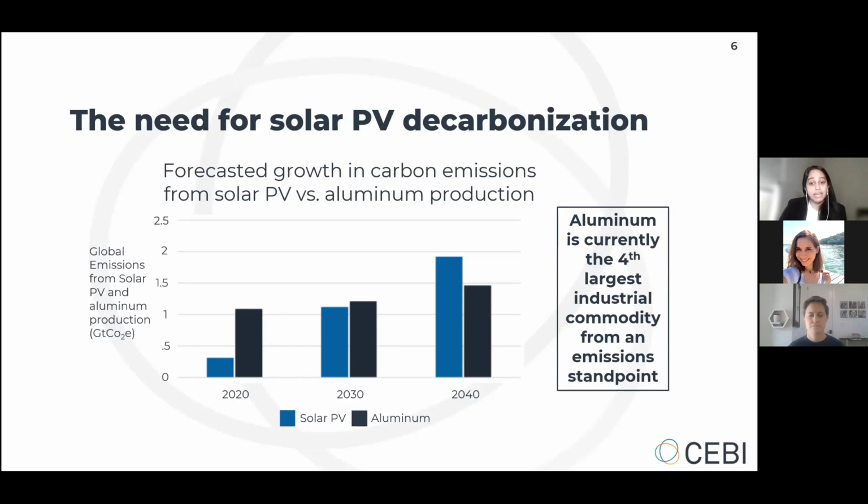So it is significant that solar PV is forecasted to be nearly on par with aluminum by 2030 and overtake it by 2040. Why is this happening? Solar has projected growth rates that far exceed other industrial supply chains. Again, more clean energy from solar is a good thing, but we have an opportunity to reduce the carbon emissions created by bringing these new solar assets online.